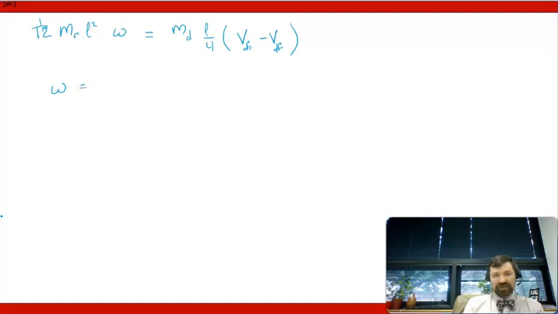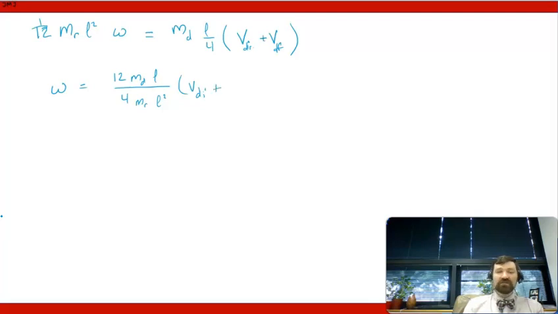Okay, so now I want to solve for omega. I divide both sides by 1/12 M_rod L squared. So that is 12 M disk L divided by 4 M rod L squared times v disk initial. I have a little typo here.